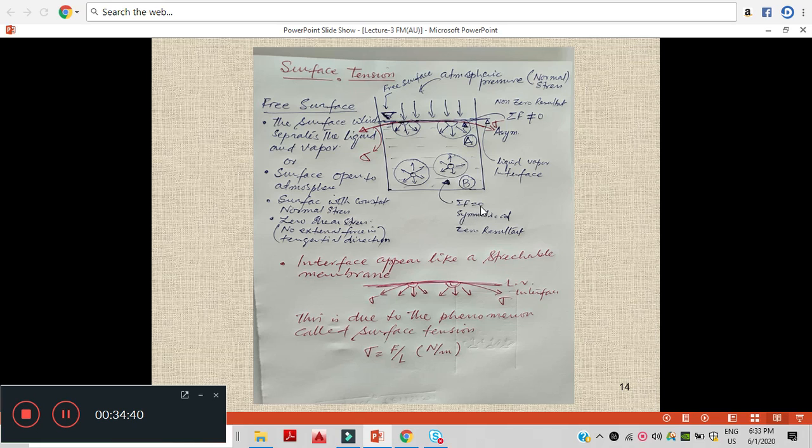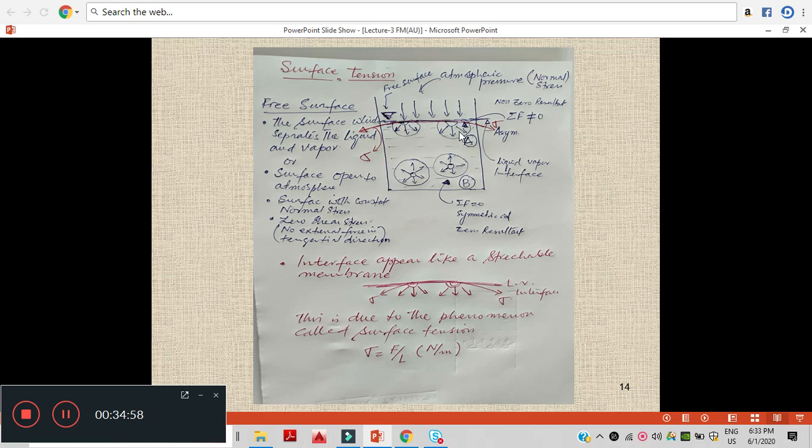But for the fluid particles on the surface, we can see this is not balanced. The forces are asymmetrical. The net resultant force is not 0, and all the forces are acting downward.